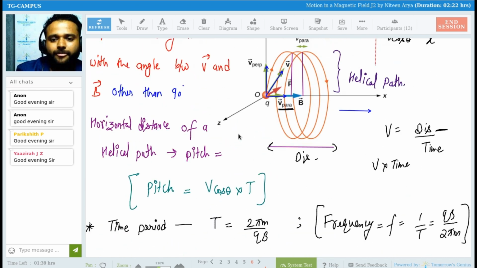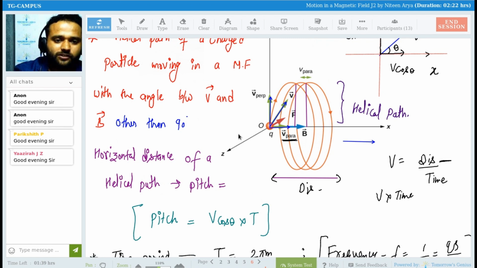Why so? See, now here this is your circle, and this circular path is just and only because of this perpendicular component.